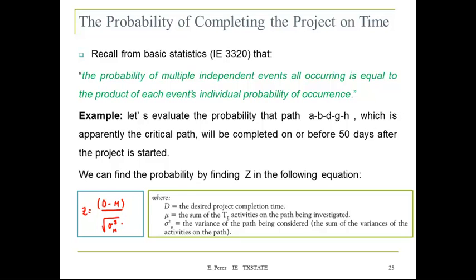So this is essentially this, with the only difference that D now represents the desired project completion time. Mu is the sum of the expected activity times of the path being investigated, and this is the variance of the path being considered, the sum of the variances of the activities on the path.